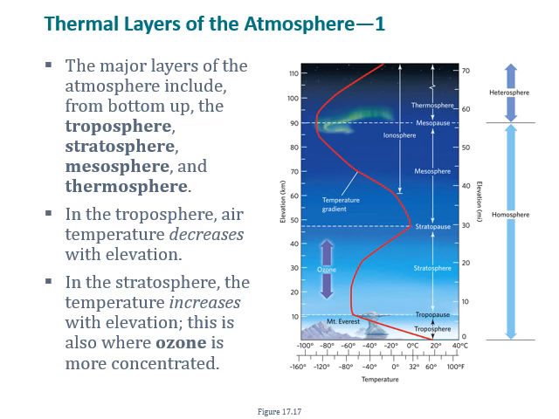If you continue up into the mesosphere, you'll notice that air temperature decreases again with increasing elevation, and then air temperature increases again in the thermosphere. So this back and forth pattern in the change in air temperature divides the atmosphere into different layers.